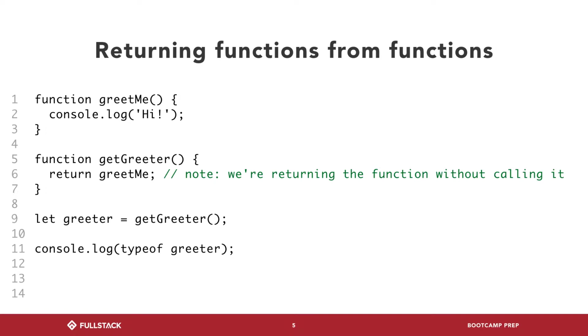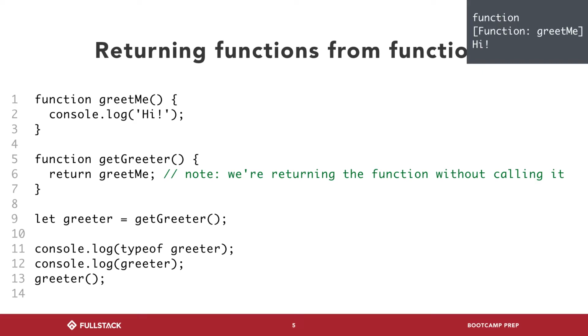On line 11, when we do typeof greeter, and also when we look at greeter, we see that typeof is function. When we console log a function, that's how it prints out, as function with a name. And lastly, when we invoke greeter on line 13, it's the same as invoking the greetMe function on line 1. And therefore, that's why we see the console log out hi.